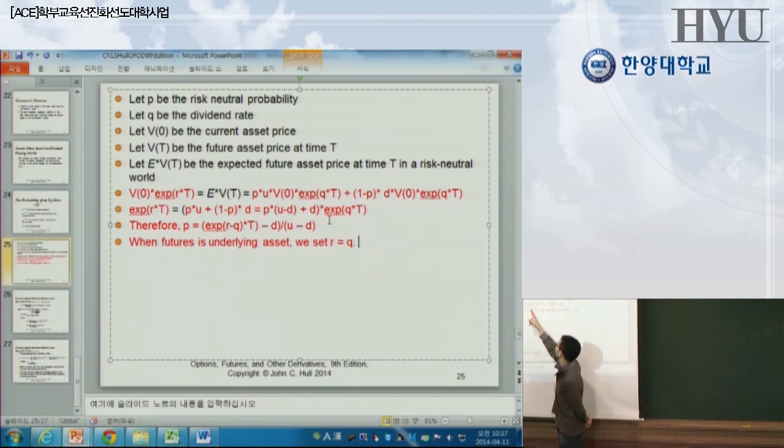This part is 1 means that r minus q is 0, right? So it means exponential 0, which is 1, right?